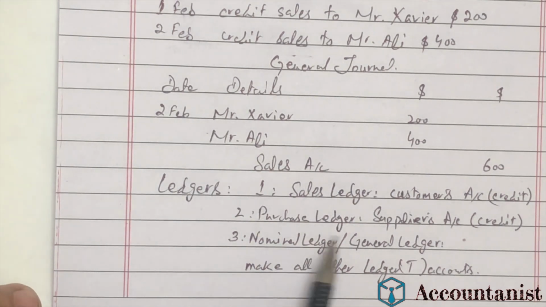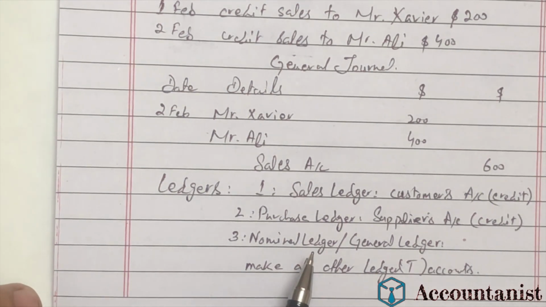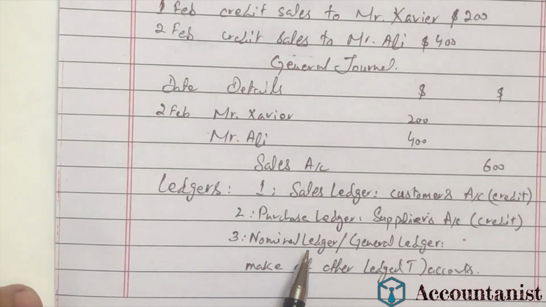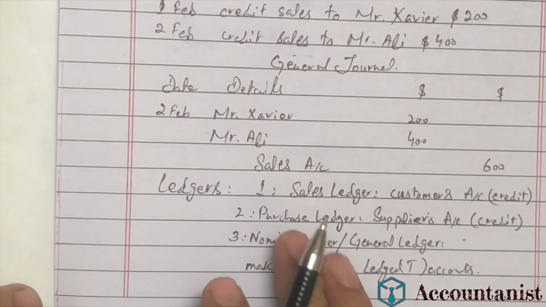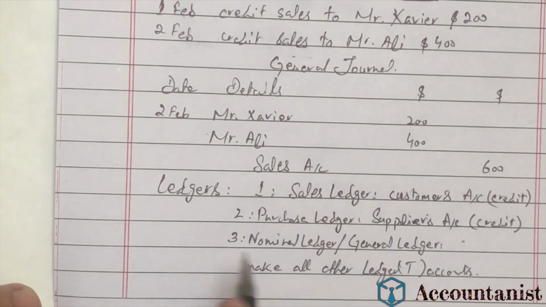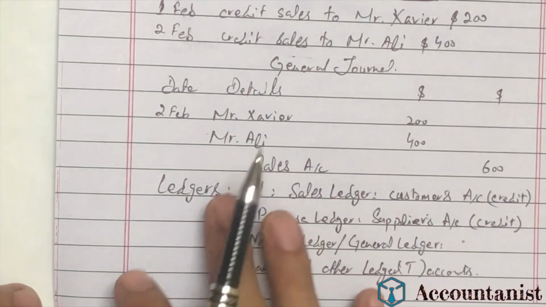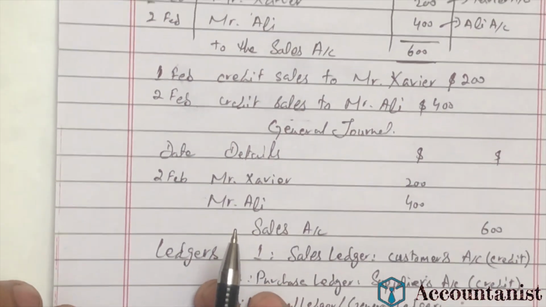And if we have a sales return account, a sales account, a purchases account, capital, drawings, all of these other accounts we will make here in the nominal ledger.